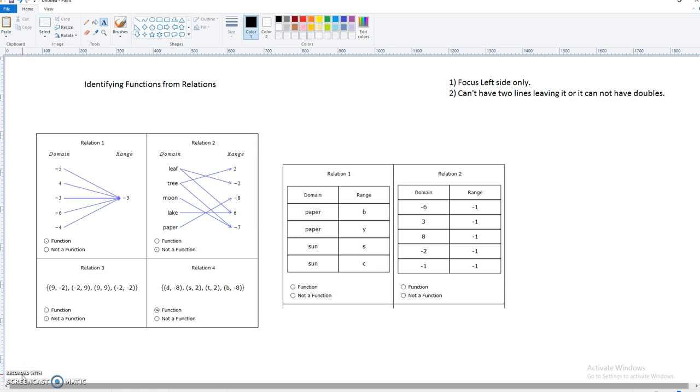Identifying functions from relations. I have gone ahead and taken screenshots of 3 different examples that you could possibly see in ALEKS. And while this topic is relatively easy, sometimes our brains get jumbled in the process as we're going from one question to the next, and somewhere in the middle of it, we start looking back or thinking backwards.